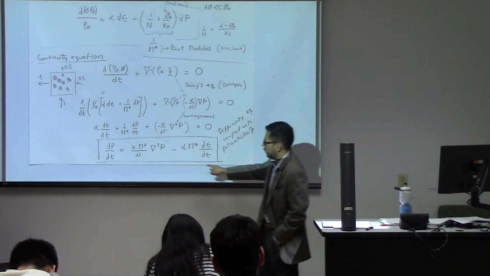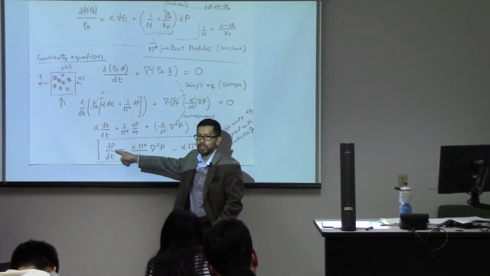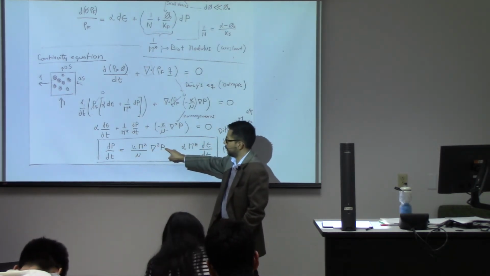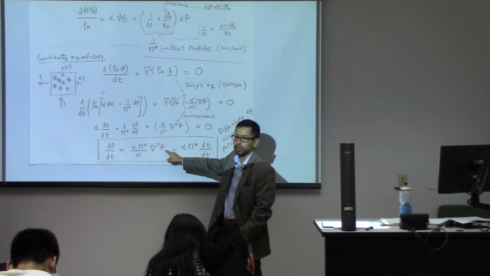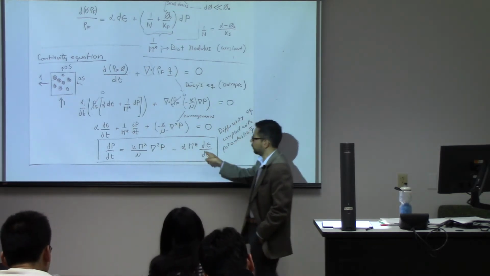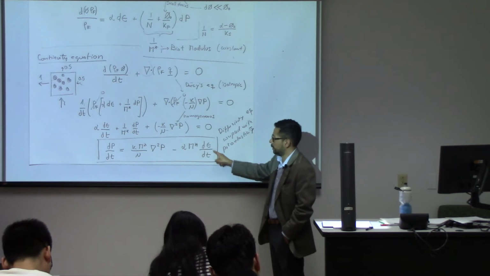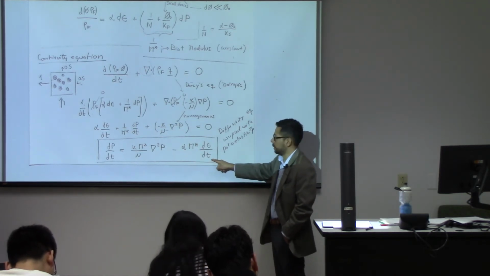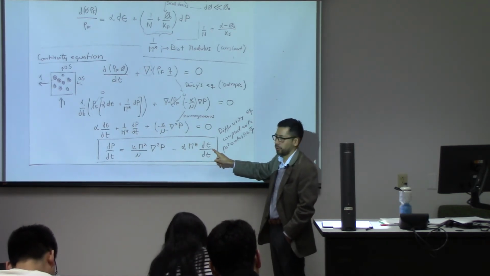Probably you were familiar with the diffusivity equation just as a function of pressures. But notice that now we have an additional term. This is the term of the coupling with the deformation of the porous solid.